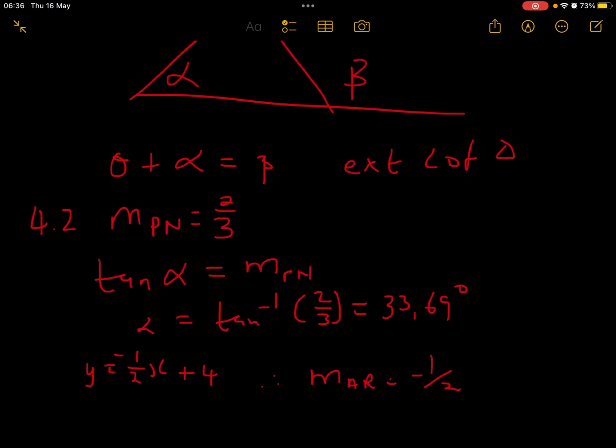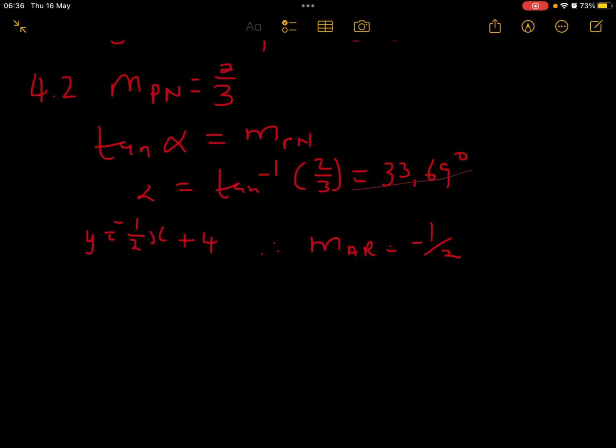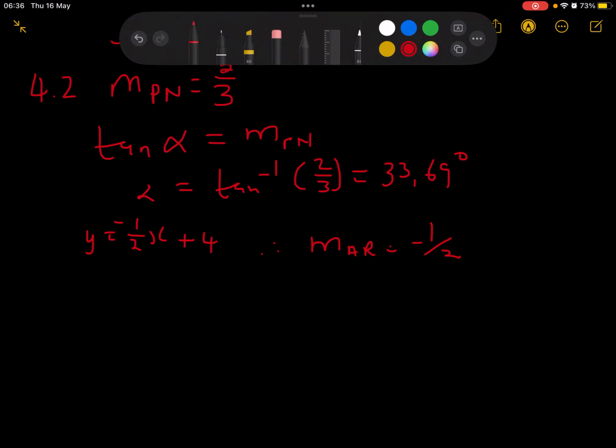So, are we calculating the gradient or the angle beta? No, we're not. We have to first calculate its reference angle, because that is a negative angle, and the negative angle where tan is negative is in 180 minus. So, what do we do here? We say that tan beta is equal to the gradient of AR.